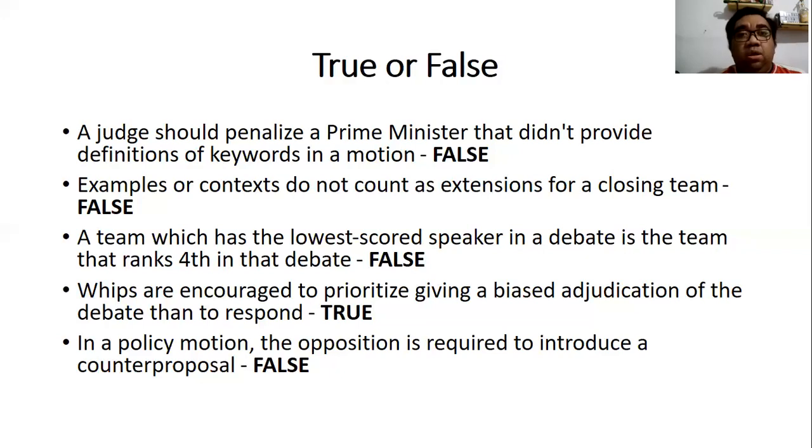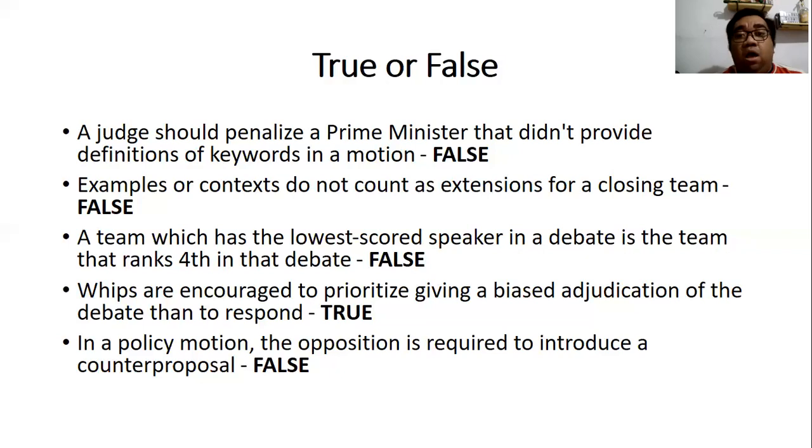The fourth item: whips are encouraged to prioritize giving a biased adjudication of the debate rather than to respond. This is true. While obviously being responsive is an inherent element of speeches in any debate format, what's unique about whips in BP is that it's not like your usual Asian 3-on-3 style whips that just rebut everything, especially given that there are probably already six speeches that have been delivered prior to the whip speech.